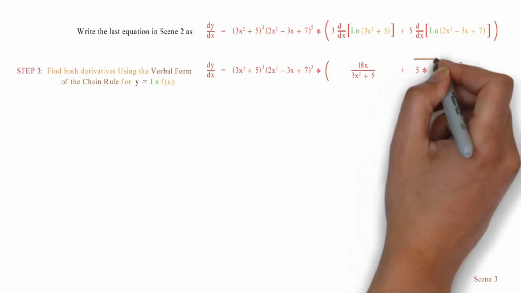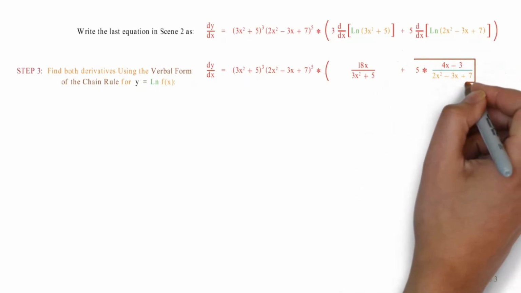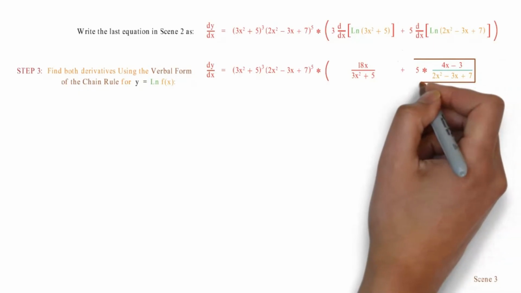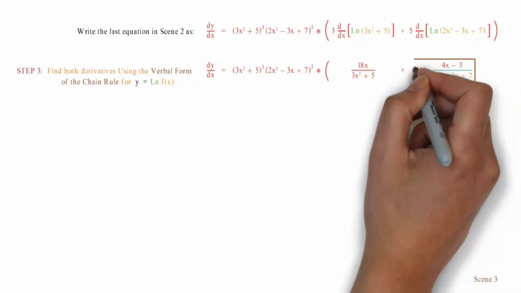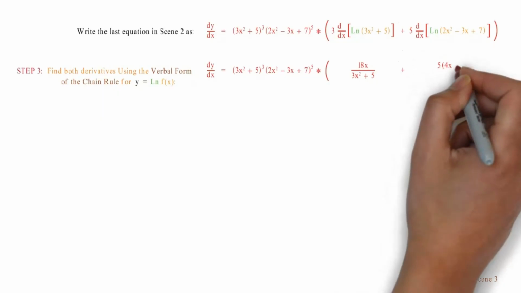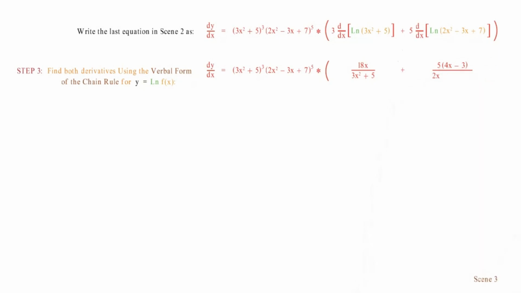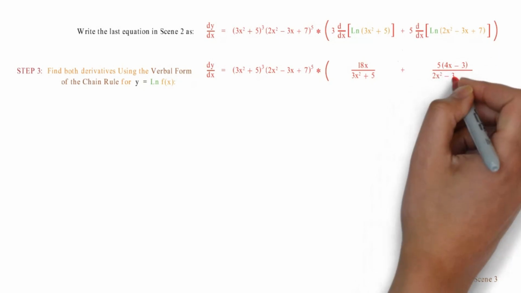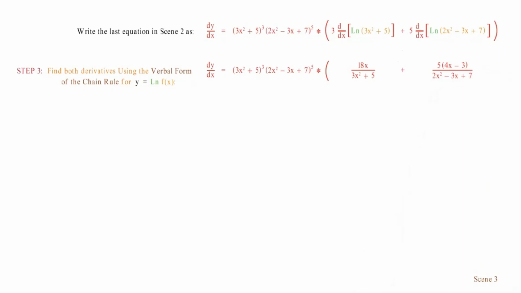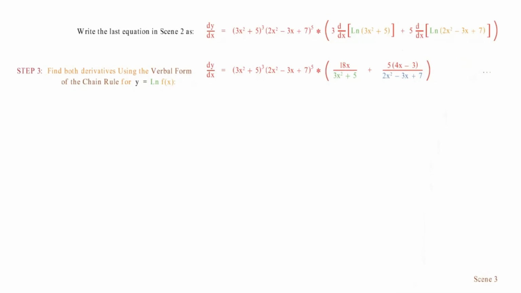And 5 times (4x minus 3) divided by 2x squared minus 3x plus 7 is 5 times (4x minus 3) divided by 2x squared minus 3x plus 7. Call this equation 1.